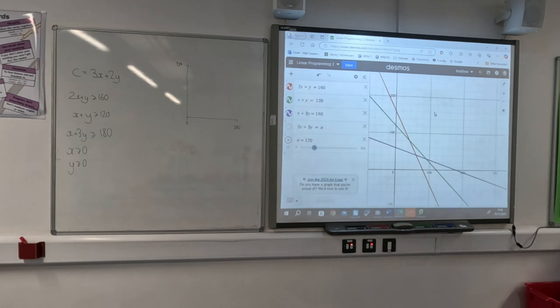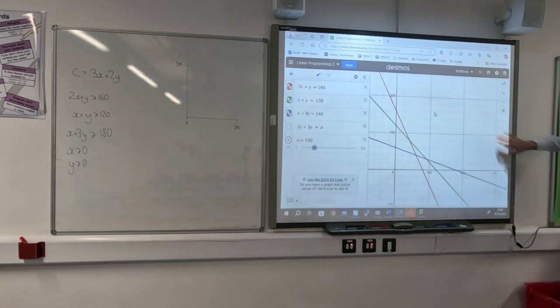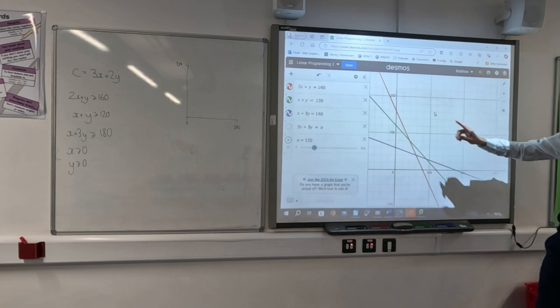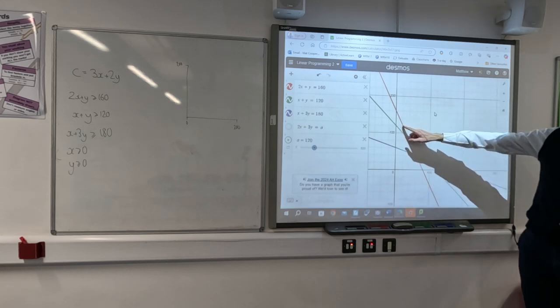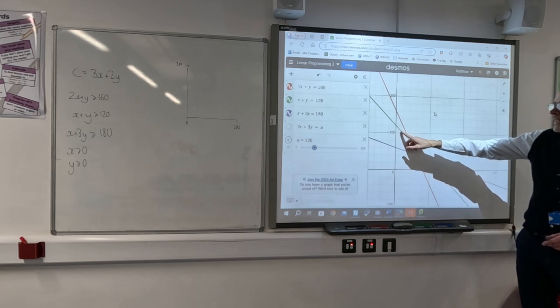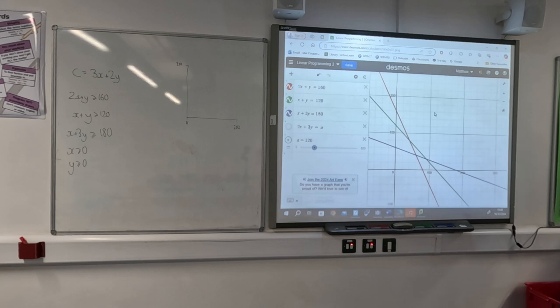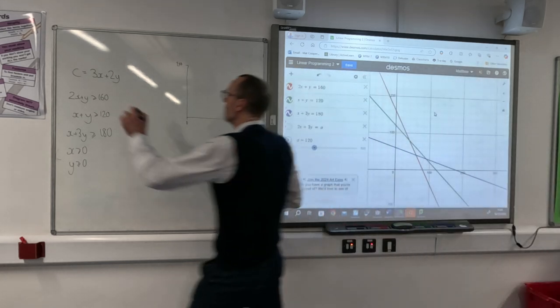So I hope you can see that the feasible region this time is going to be this region here, because we want to be above the 2x plus y equals 60 line, above the x plus y equals 120 line, and above the x plus 3y equals 180 line. So this is our objective, to minimise.